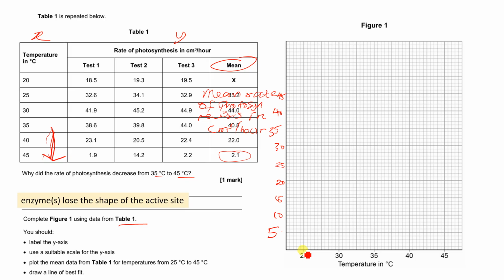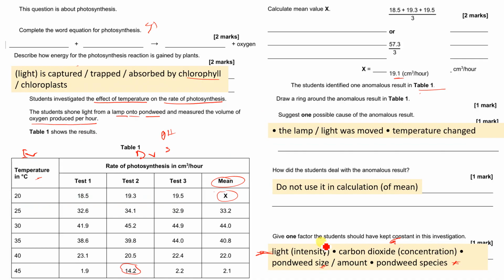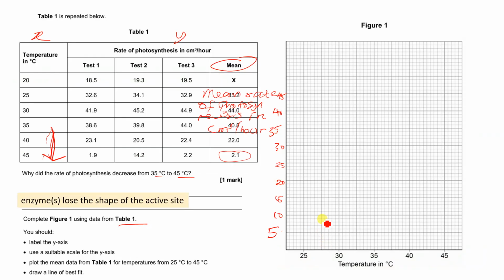So if this is at 20 degrees Celsius, this should be 20 here. If this is 25, 30. Here's the issue here. At 25 degrees Celsius, they didn't want us to plot for 20 then, because the difference here is 5. So at 25 degrees Celsius it is 33.2.